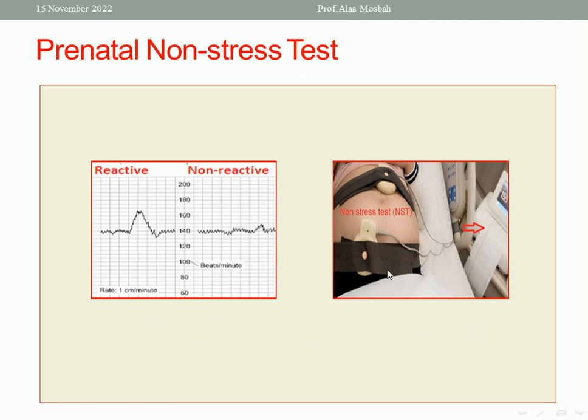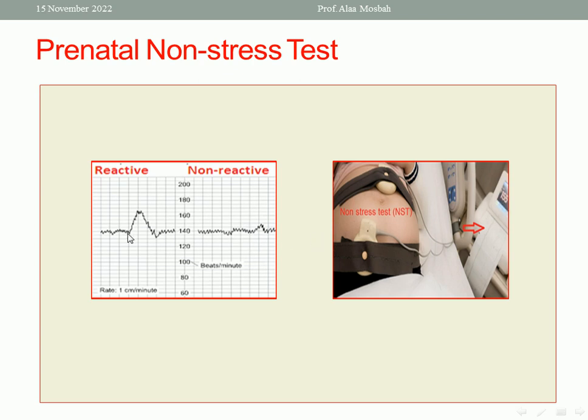As you see in this picture, what is a non-stress test? There is fetal heart rate monitoring using 2 transducers, one for fetal heart rate monitoring and one for contraction and detection of the fetal movement, and the results are recorded on a strip of paper, and this is the monitor recording the fetal heart rate.